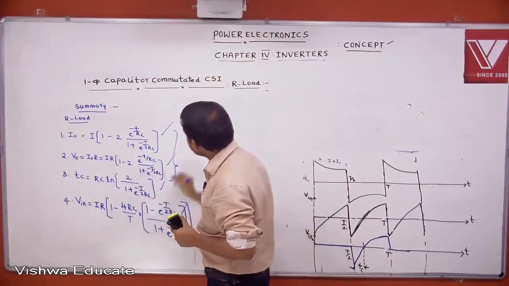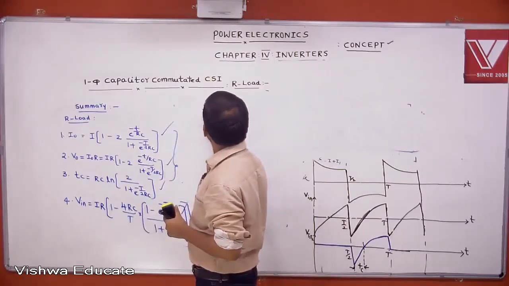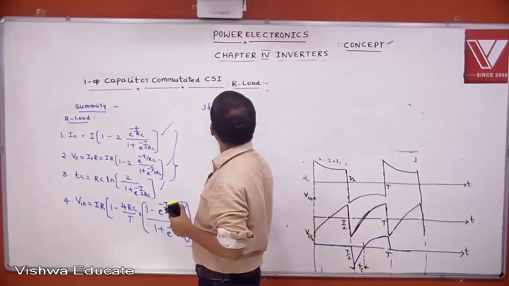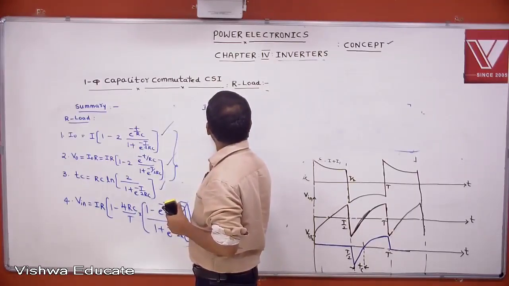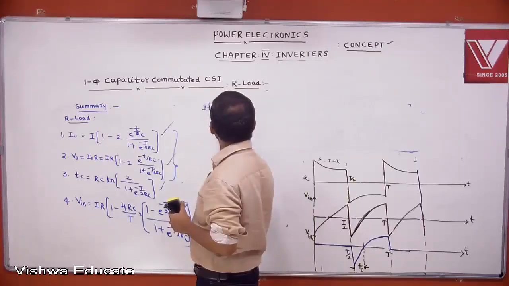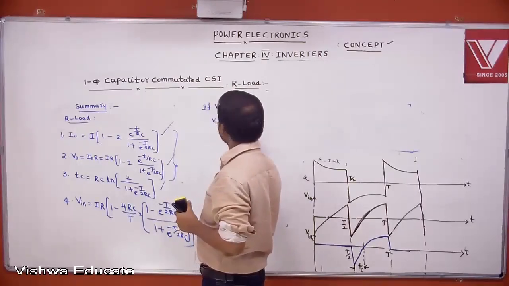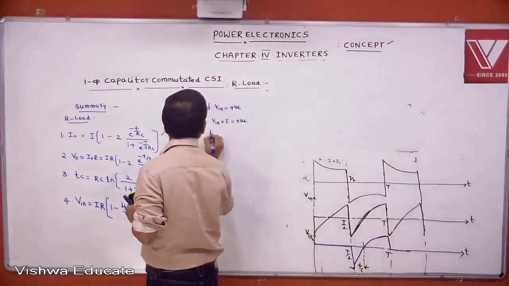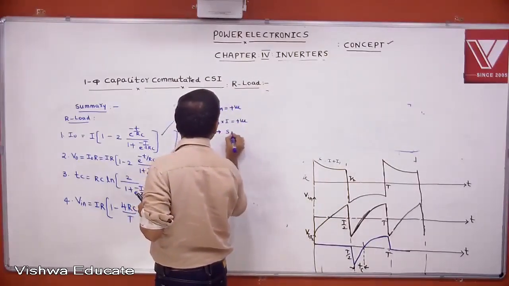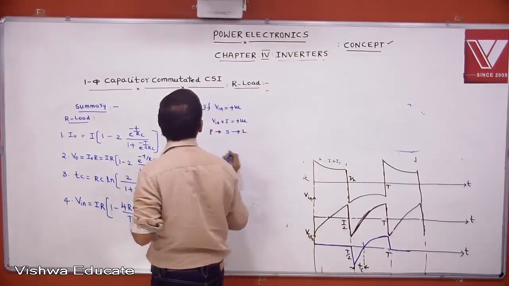If Vin is positive, then Vin into I is positive, so power is delivered from source to load.